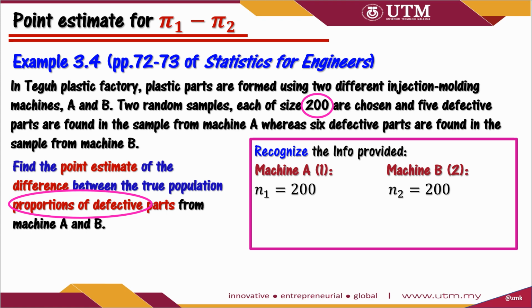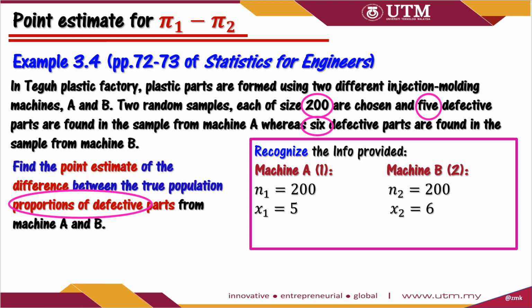Next, we also know that the number of defective parts are 5 and 6, denoting the number of defective parts from machine A and B respectively. So we can denote these two values as x1 and x2.